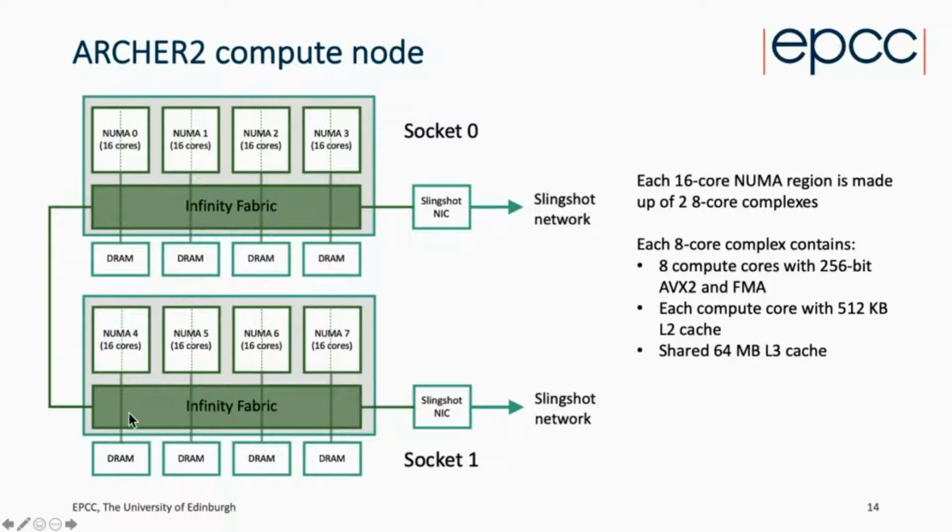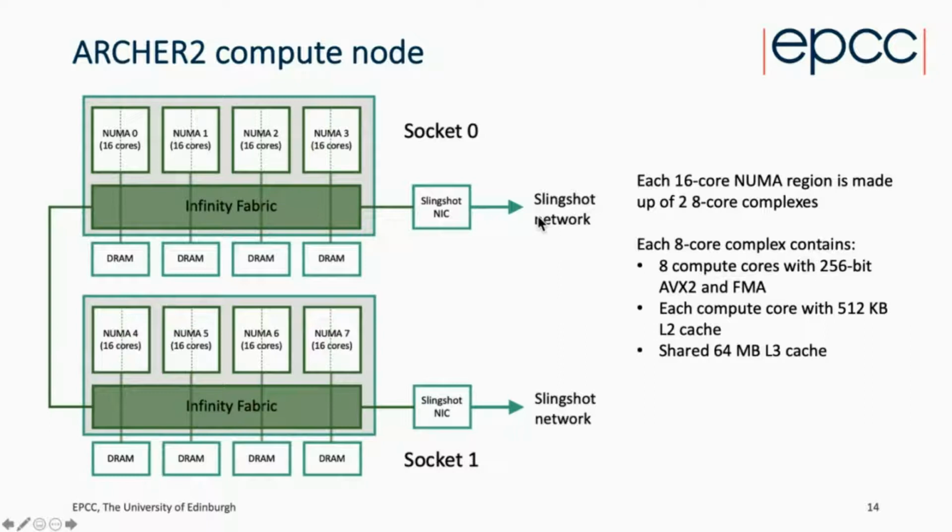And it has this Infinity Fabric, and that's used to connect the compute cores out to the bits of memory, also to connect the two sockets to each other within the node, and finally to connect out to the interconnect as well. You can see that there are 2 interconnect interfaces per node, 1 per socket, where the network interface chip, the NIC, goes out to the Slingshot network.